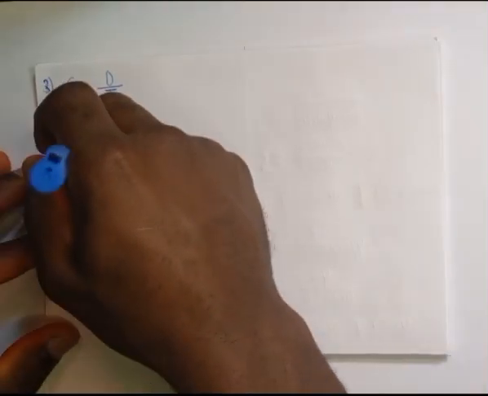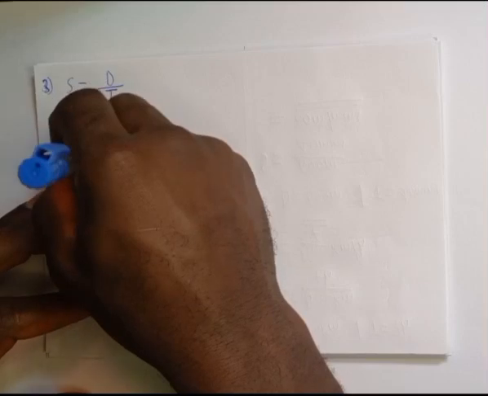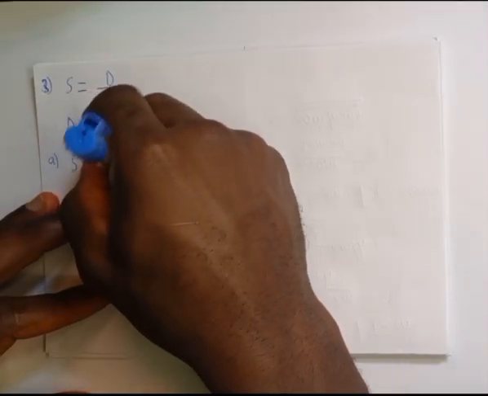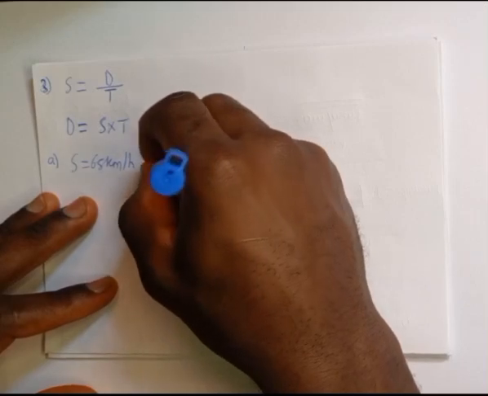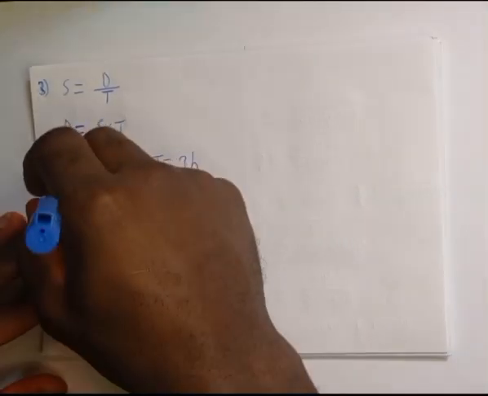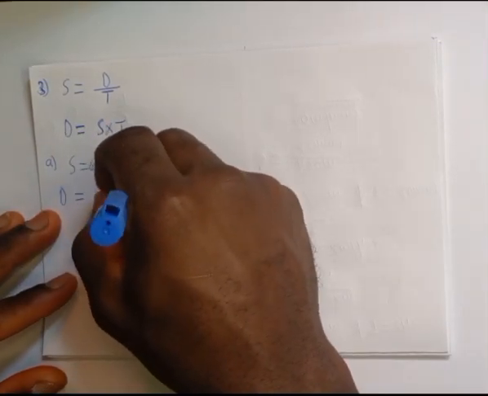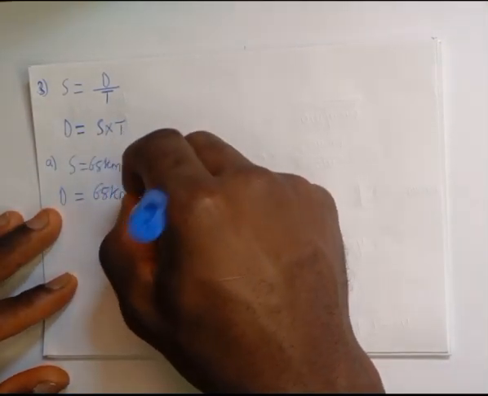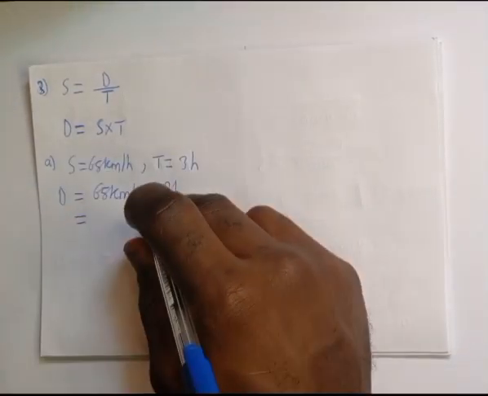For A, we have been told that the object travels at a speed of 65 kilometers per hour, and the time taken by the object is 3 hours. The distance traveled will simply be equal to, you're going to multiply the speed 65 kilometers per hour by the time taken, which is 3 hours.